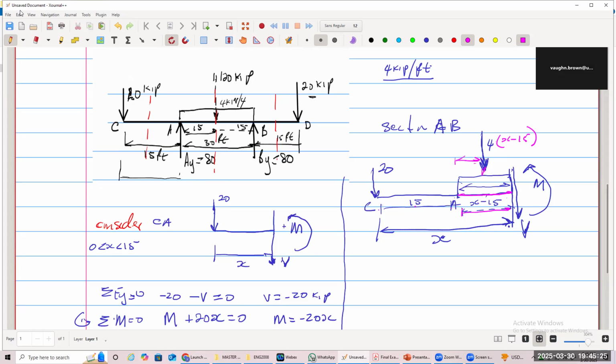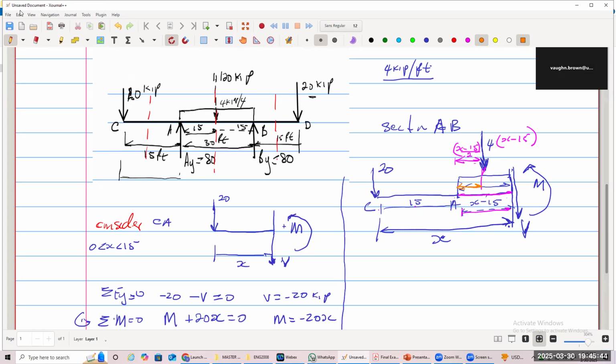So you have another x minus 15 upon 2, because it is halfway the distance here. Let me highlight it.